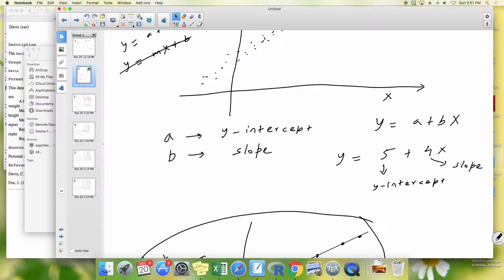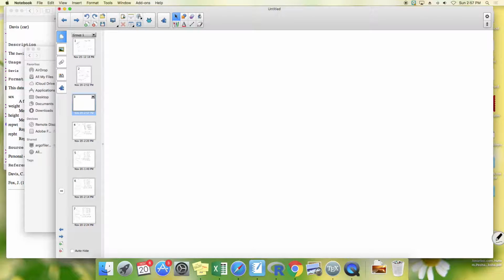This we know. So we know that for y equals a plus bx, this b can be positive or b can be negative.